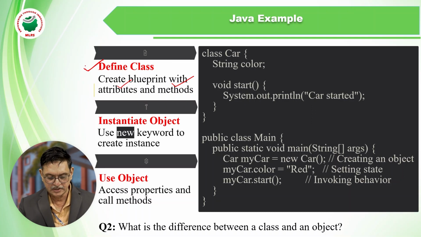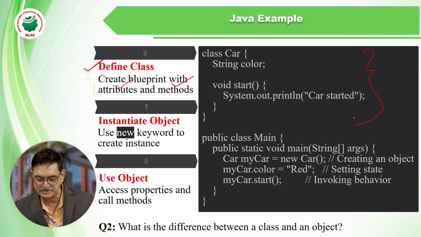We can have any number of attributes and methods included in the definition of the class. For example, this particular code is representing a class. In this class, we are defining a real-time entity called the car. Here, for example, we included one attribute called color, and one method called start. Similarly, we can include any number of attributes and methods.